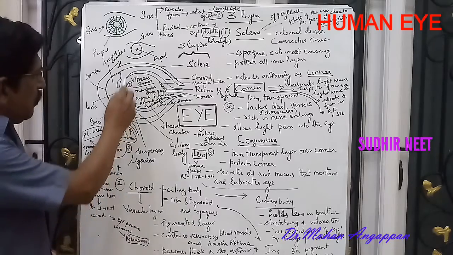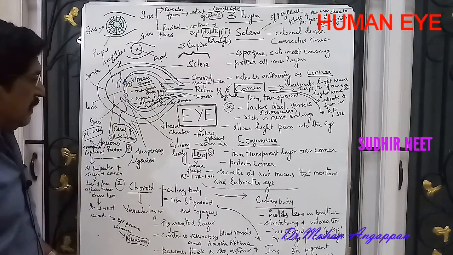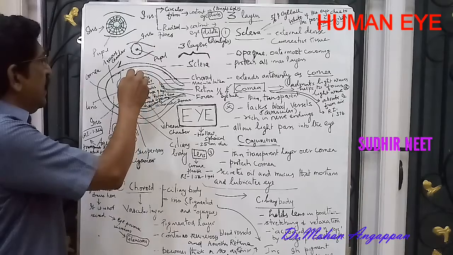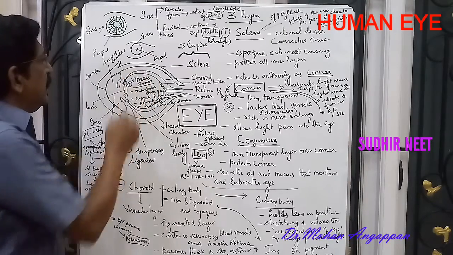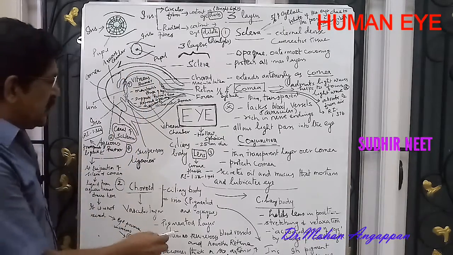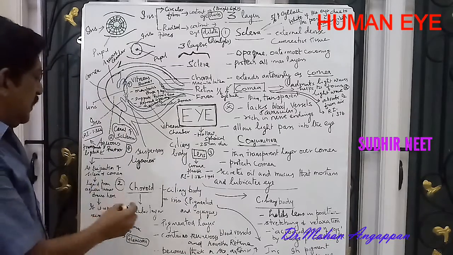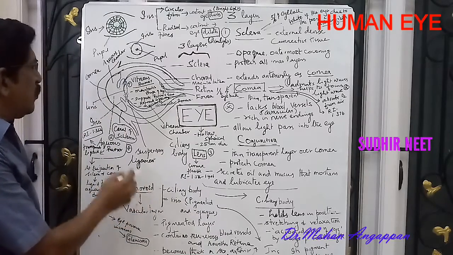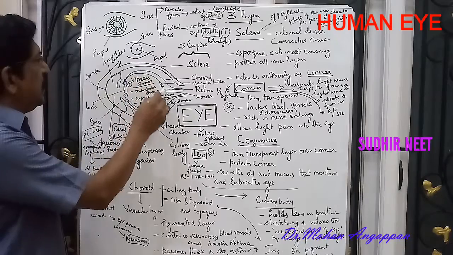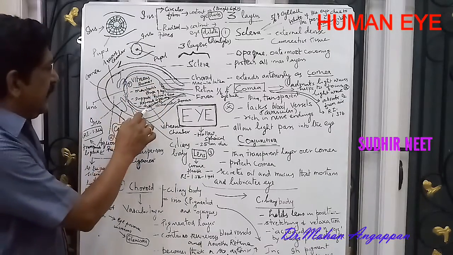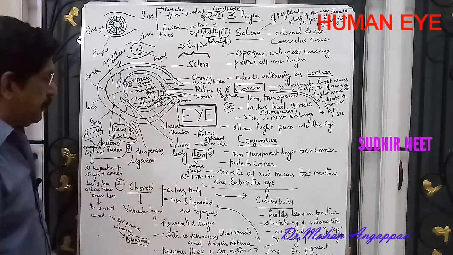It contains numerous blood vessels and nourishes the retina, the third inner layer, as it is just above the retina.